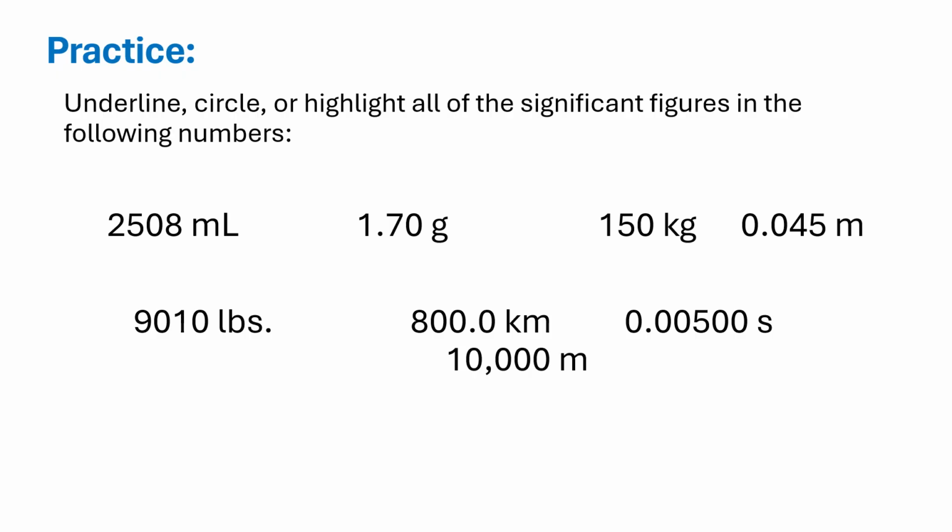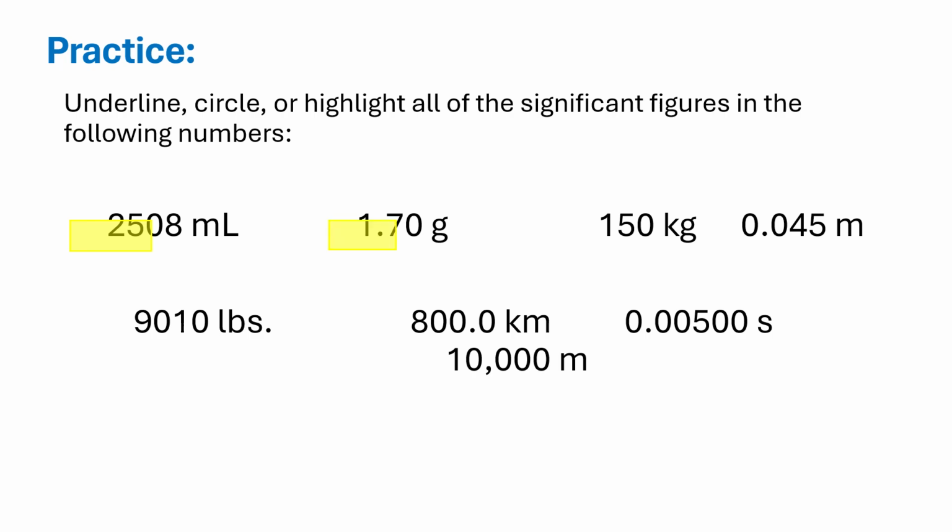Okay, so let's take a look at the first one, 2,508 milliliters. All of them are significant. Remember, the only question is about the zeros. We already know all the non-zeros are considered significant figures. That 0 is a captive 0, so it is significant. Remember to look back at your rules when you're doing this.